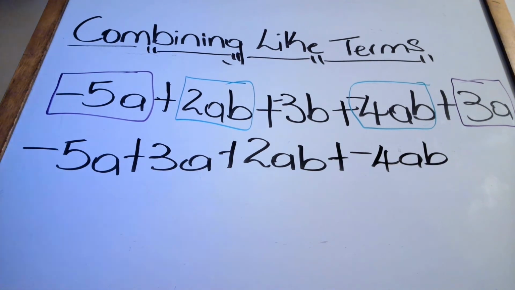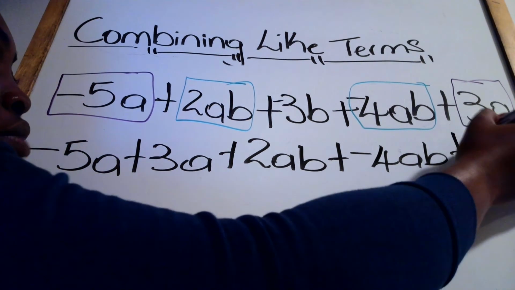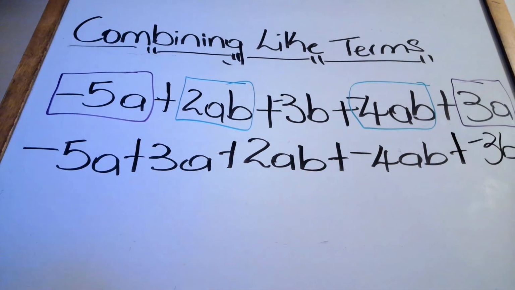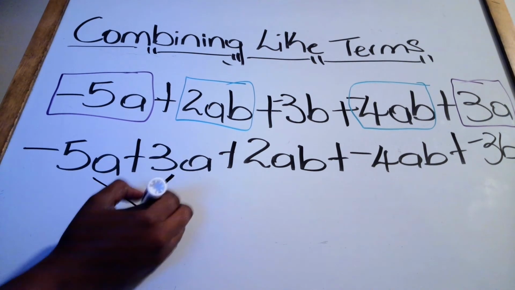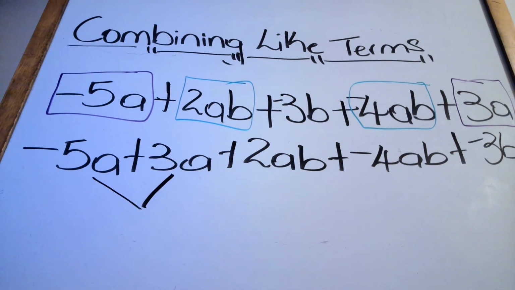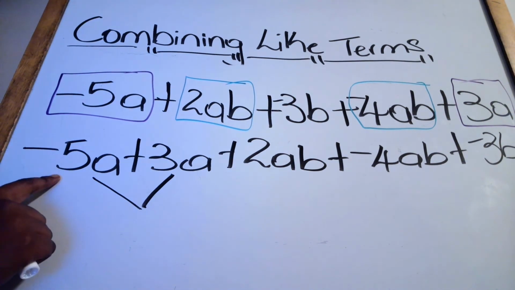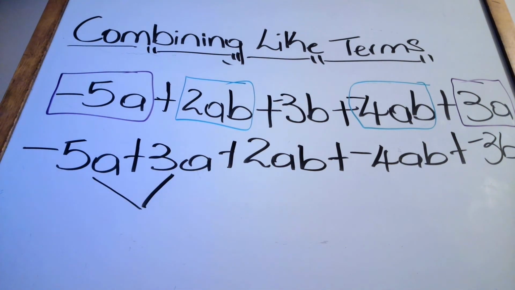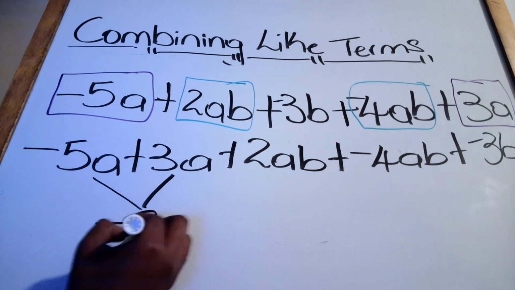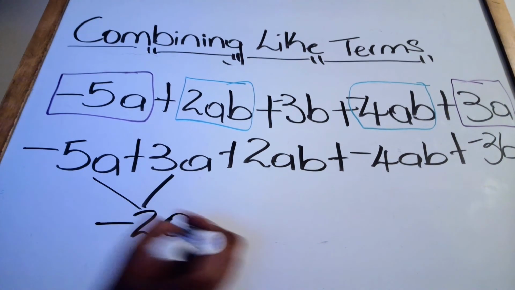Then we have plus negative 3b, that's by itself. Alright? So we have negative 5 plus 3. Different signs, we subtract and keep the sign of the bigger number. We have a negative and a positive. So we subtract, keep the sign of the bigger number. So my answer will be negative 2. And we write back the variable.